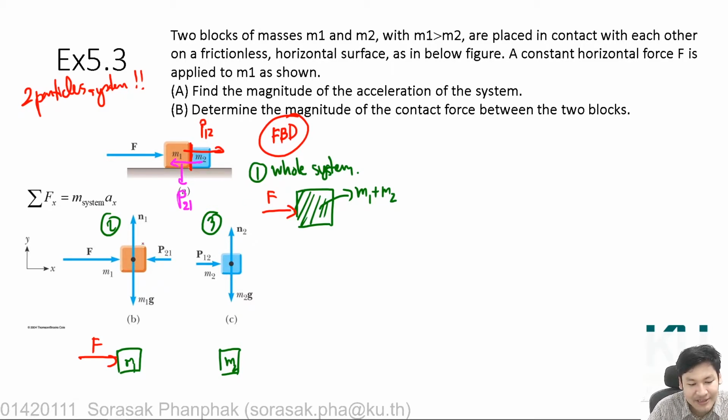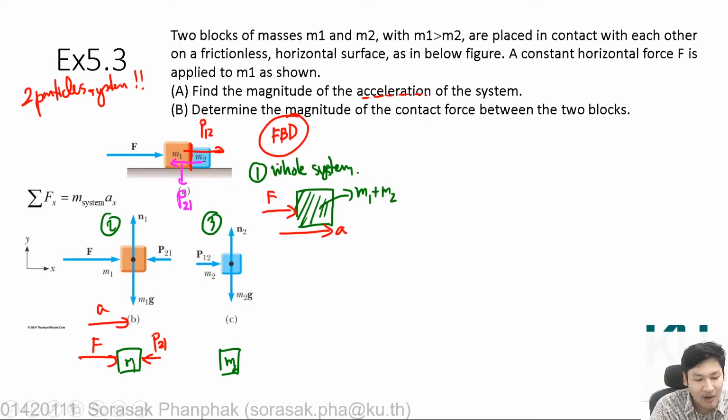So when you break down this system, on the x-axis, not only is F pushing forward, you see P21 also pushing backward. But with the system moving with acceleration, the net force on the mass has some acceleration in the same direction. You have the whole system moving to the right.